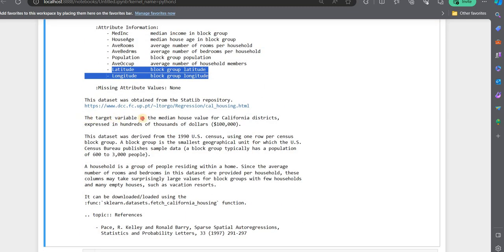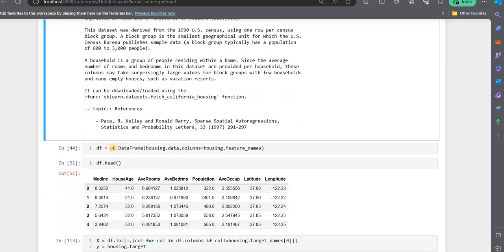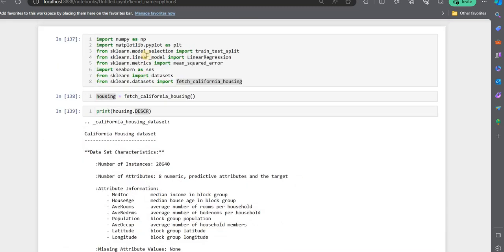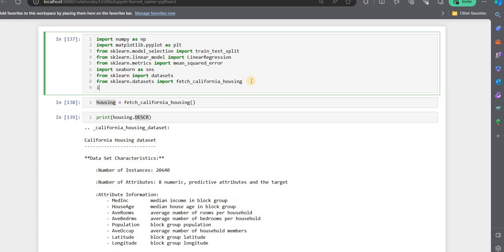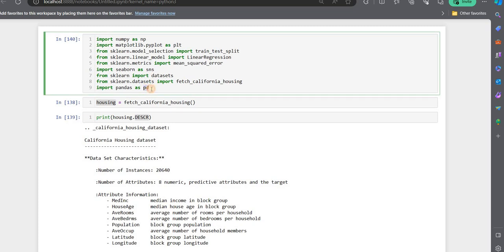Here it is written that the target variable is the median house value of the California district, expressed in hundreds of thousands of dollars. There is a library in Python named pandas. I imported it somewhere, or maybe it got deleted. So pandas as pd means pd is the alias name.